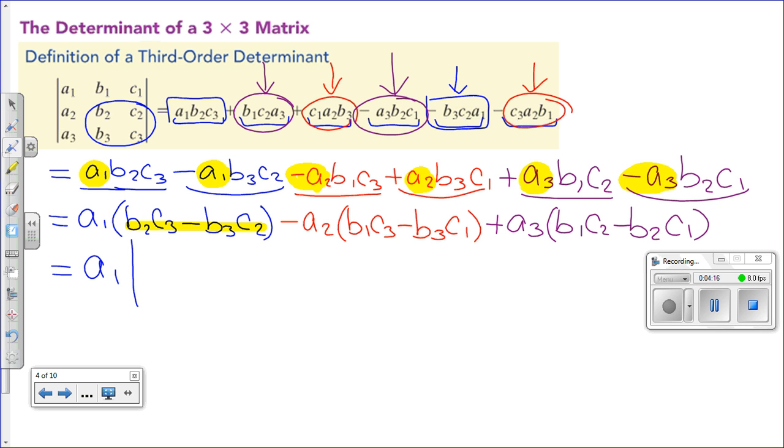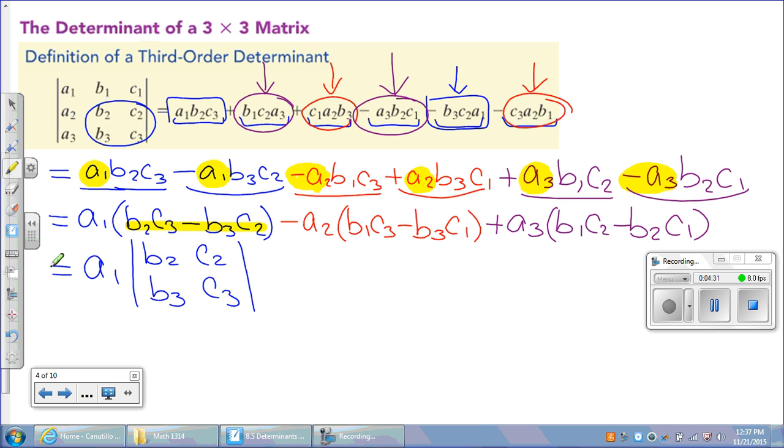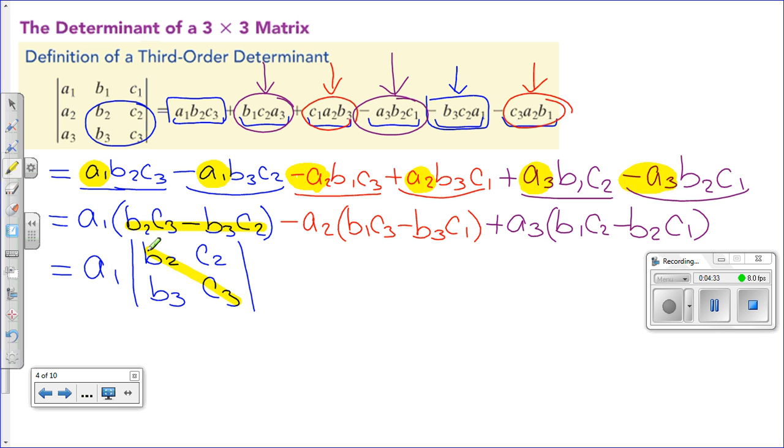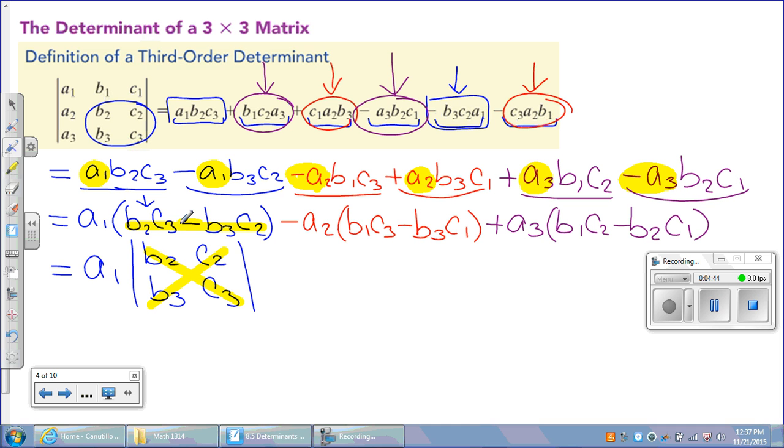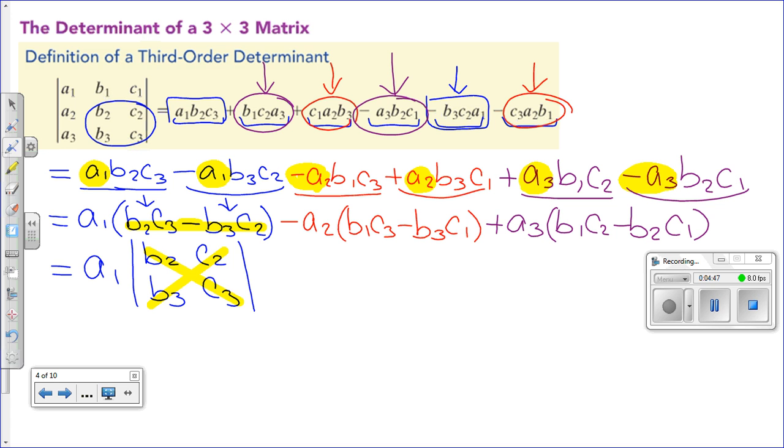So that will be B sub 2, B sub 3, C sub 2, and C sub 3. And I know that is the determinant because if I follow the formula, it will be the product of B sub 2 times C sub 3, which I have here, and then minus the product of B sub 3 times C sub 2, and that is this product here.